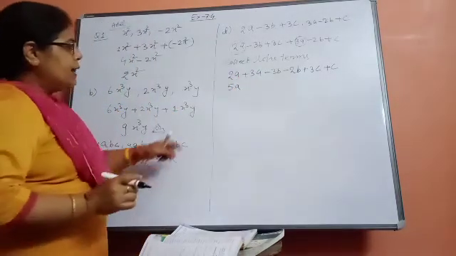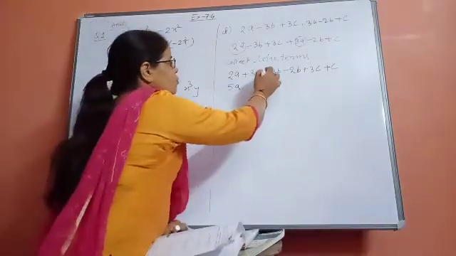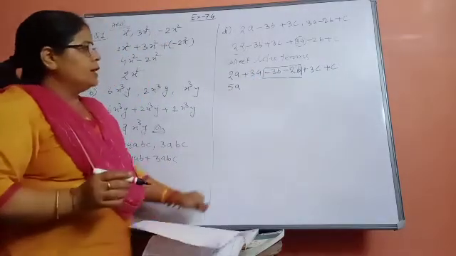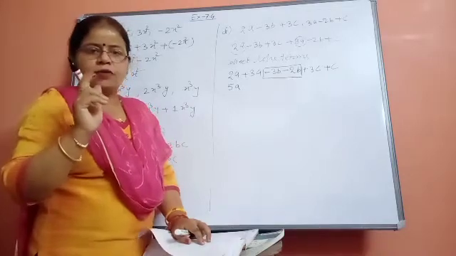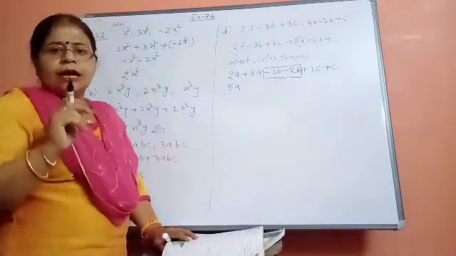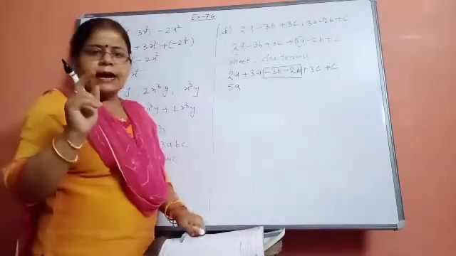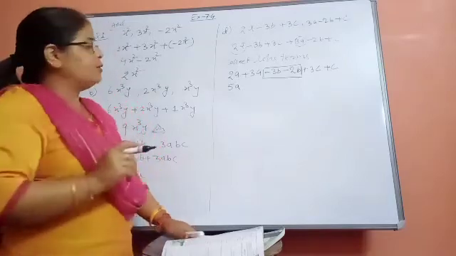And now you have learned what we can do for this term. Two same sign numbers are always added. You have learned integers. In integers I taught you that two same sign numbers are added with their sign. So that property we will use here.